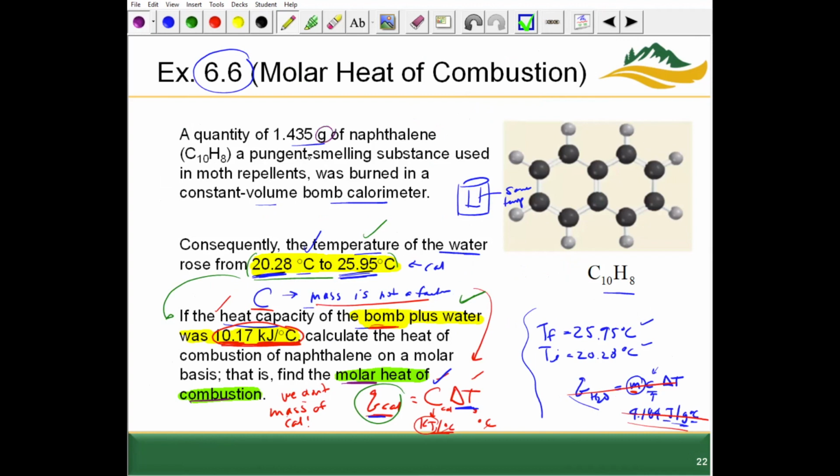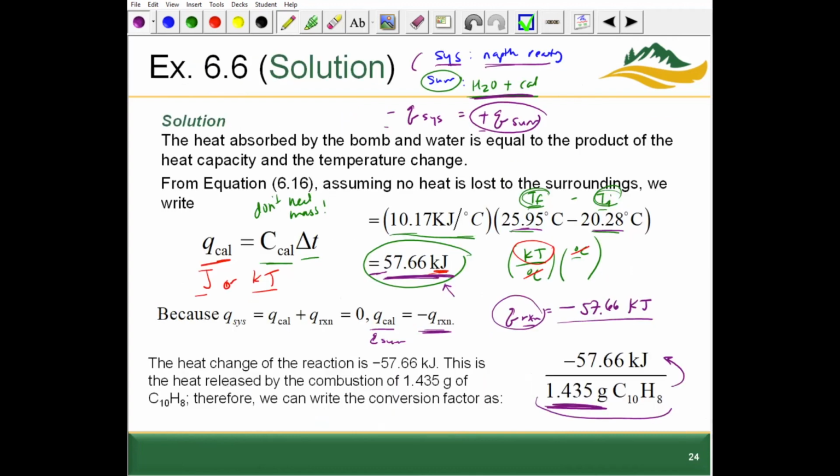We need moles of naphthalene to know how much energy or heat was released on a per mole basis. Okay, so it's this many kilojoules of heat that are released. Right now we know that is for every 1.435 grams of naphthalene we put into the reaction vessel. But we want this on a per mole basis, so we definitely need to convert grams into moles.